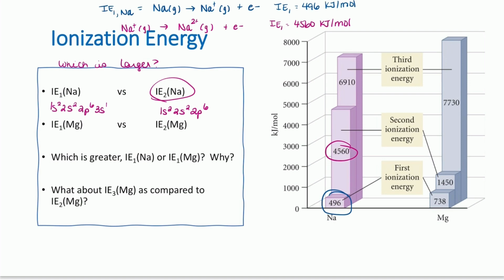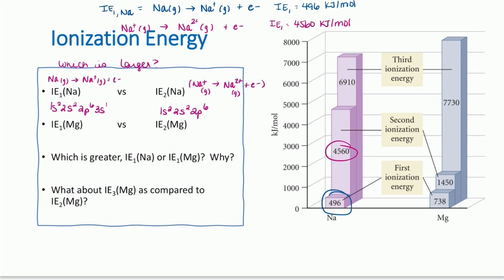This is second removal, second ionization energy versus first. So this is Na+ going to Na2+ plus an electron, where everything's in the gaseous phase. And this is Na going to Na+ plus an electron.